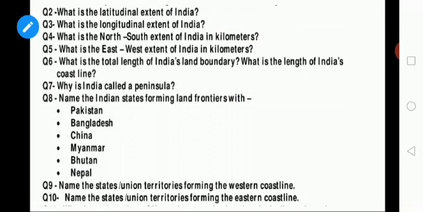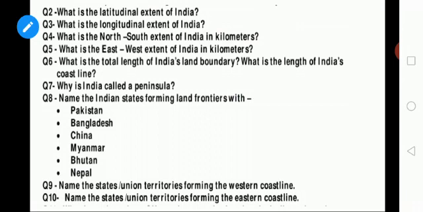And why is India called a peninsula? I think you could have read about this in your lower class. You have to recall this and answer me. Then name the Indian states forming land frontiers with the neighbor countries, that is with Pakistan, Bangladesh, China, Myanmar, Bhutan and Nepal.